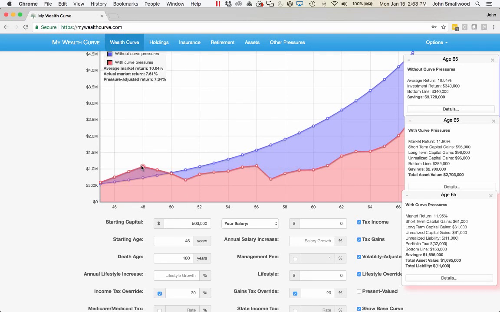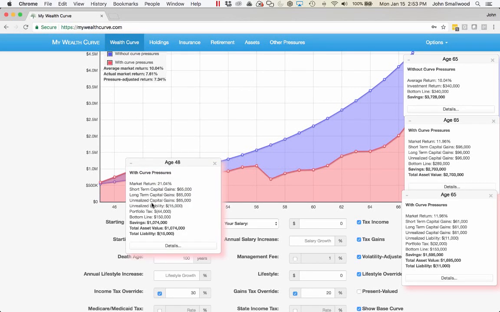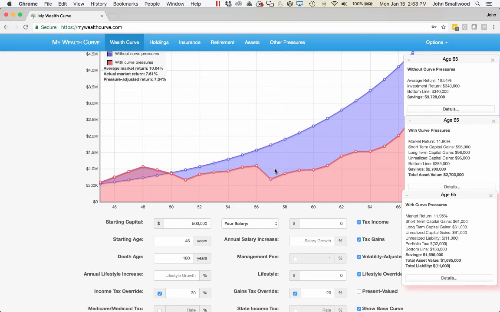And if you look at this, what you're seeing is that the tax along the way is being pulled out of the portfolio, and that volatility and the taxation is applying significant pressure, robbing almost $2 million from you, from what you were expecting.